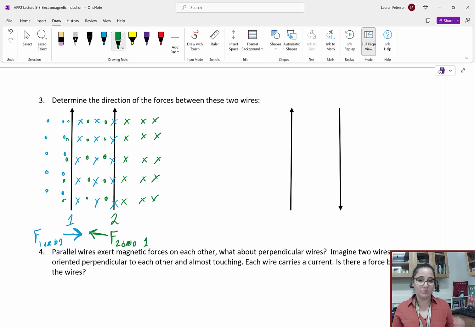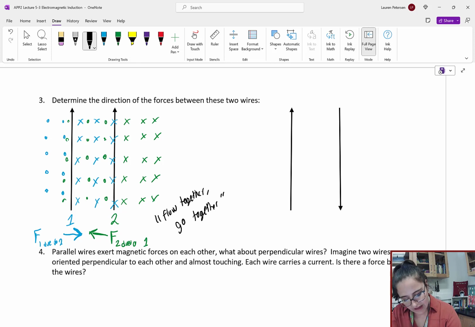And then because moving charges are affected by magnetic fields, they feel a force that pulls them together. We say, flow together, go together. If we have 2 currents flowing in the same direction, their forces are going to attract them towards each other.